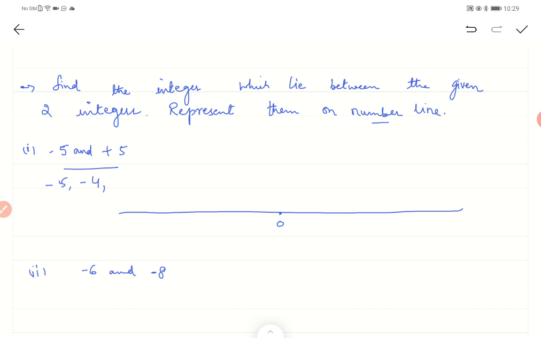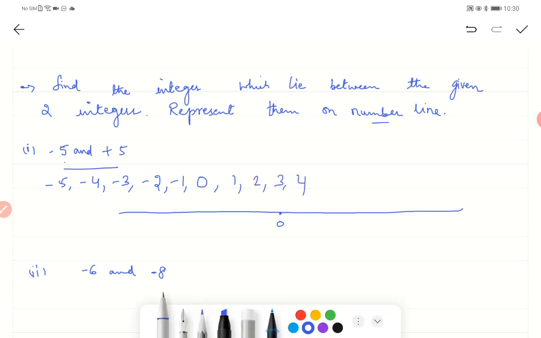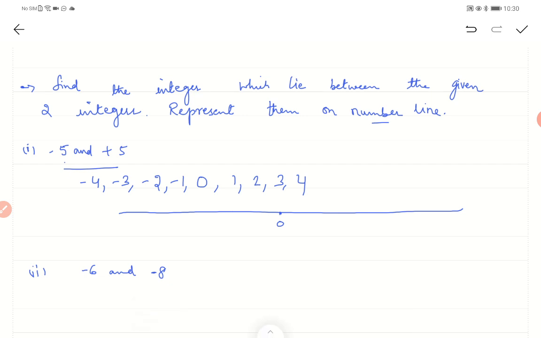The integers between minus 5 and plus 5 are minus 4, minus 3, minus 2, minus 1, 0, then 1, 2, 3 and 4, isn't it? So you have so many integers between minus 5 and plus 5.